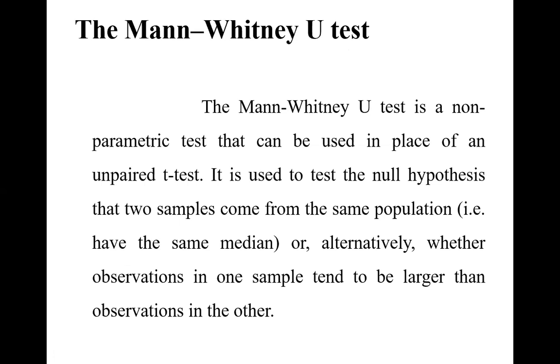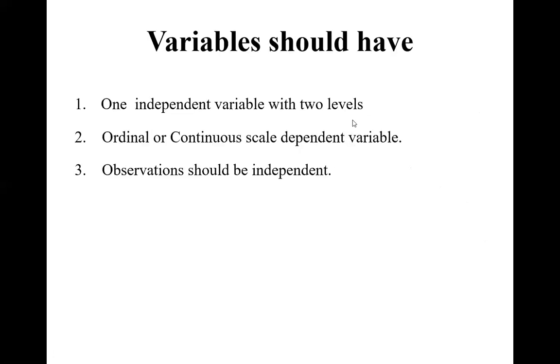The observations of one sample tend to be either larger or smaller than the observations in the other group. So this is about the null and alternate hypothesis in the Mann-Whitney-U test.